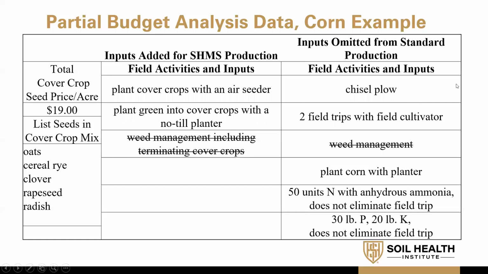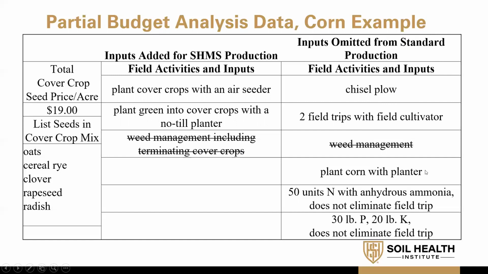This will be an example for corn, a farmer going from conventional tillage to no-till with cover crops. When the farm ceased conventional tillage, these were the omitted practices. These are the expense reductions. The farm ceased chisel plow, 2 field trips with a field cultivator.